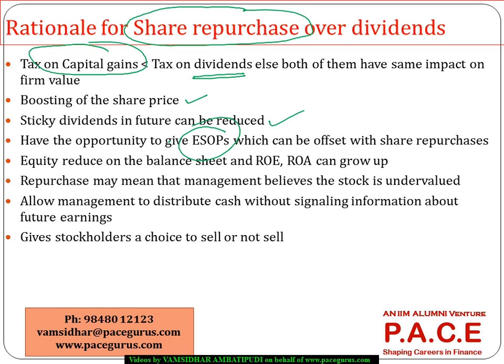So the number of outstanding shares will typically go up, and because of that dilution, the share price can actually come down. So the company can avoid that by immediately buying back some of the shares from the market if it has issued more and more employee stock options. So it can balance both of them.